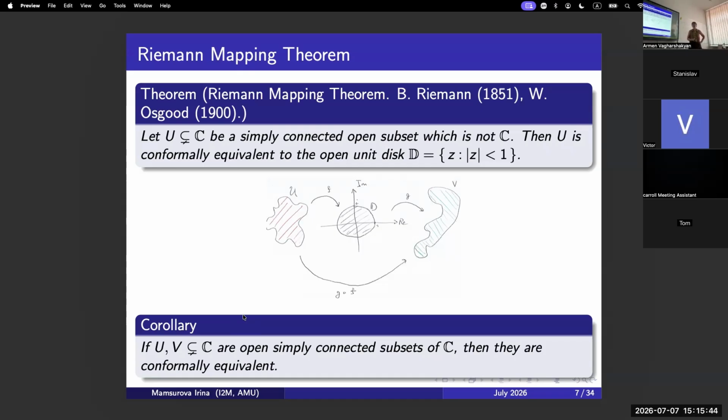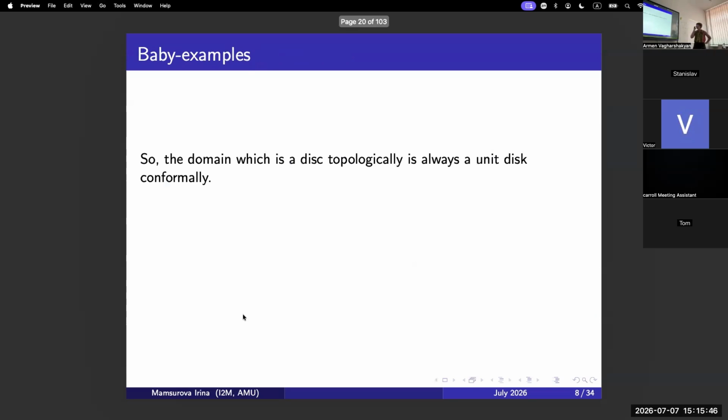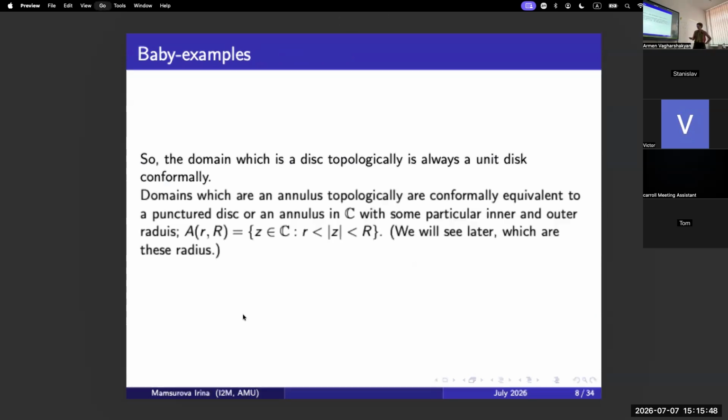Okay. Also, Schramm talked a bit about what happens with an annulus. It was in the part when we talked about modulus, and it was today in Melkan's presentation too.